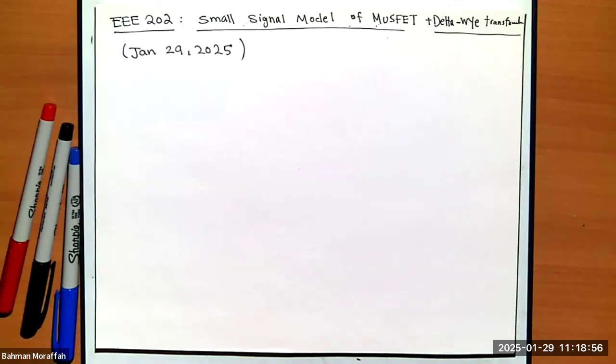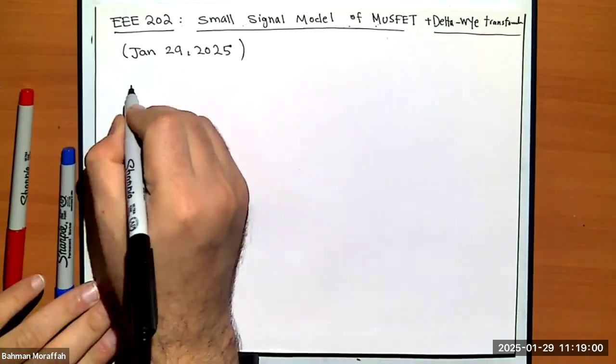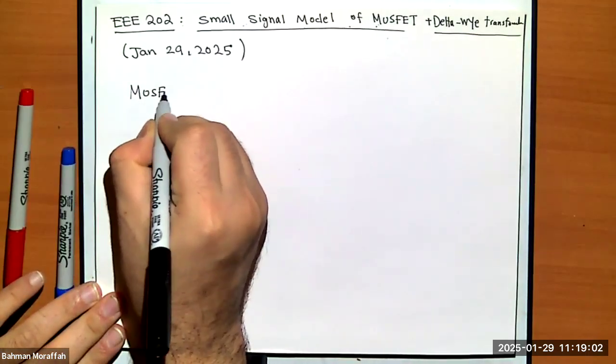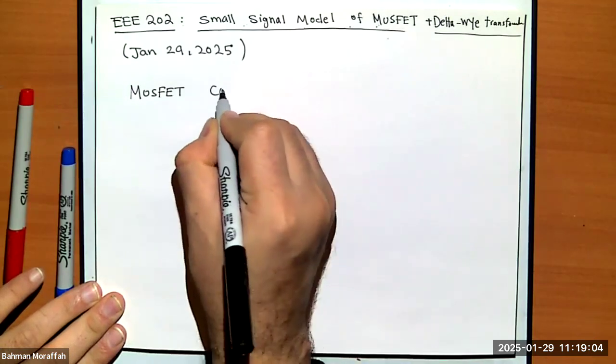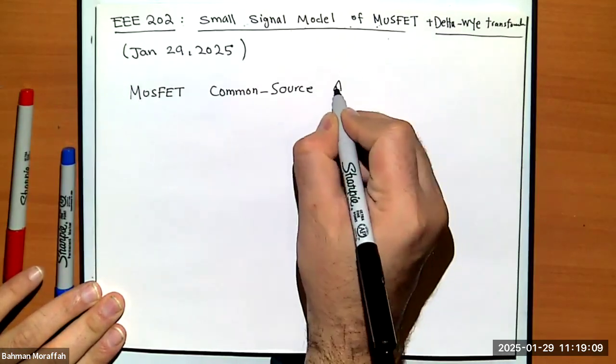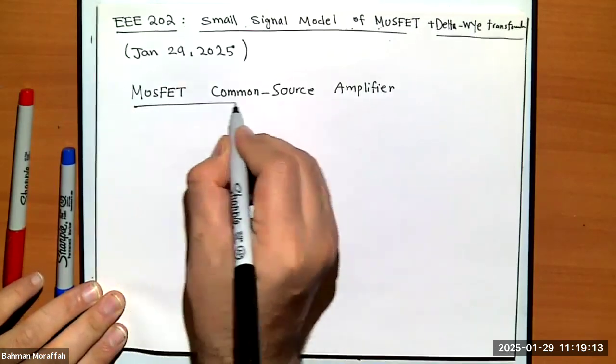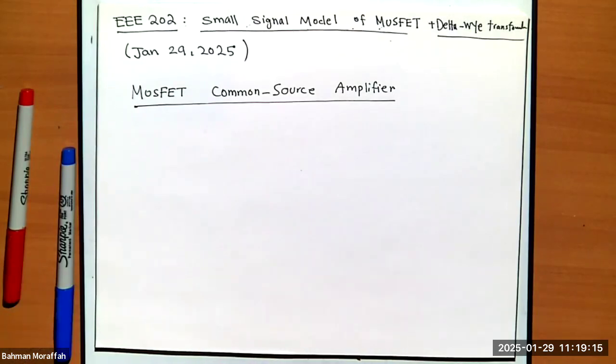And the circuit that I have is as follows. This is called a MOSFET common source amplifier. The circuit is very easy.